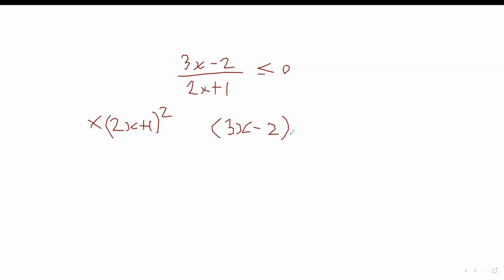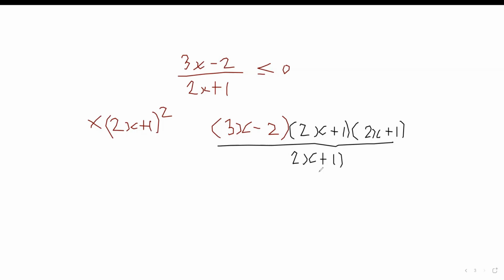Remember, square really means you have 2x plus 1 here, so then another 2x plus 1 here. That's what square means. You're multiplying by itself twice. And then we're dividing by a 2x plus 1 down here, and then that is going to be less than or equal to 0.